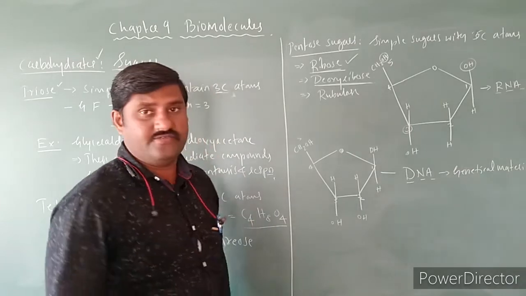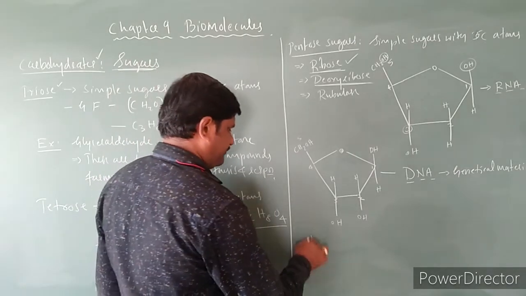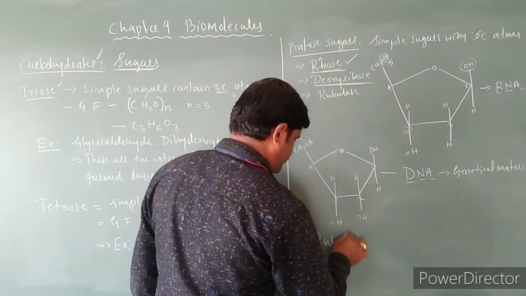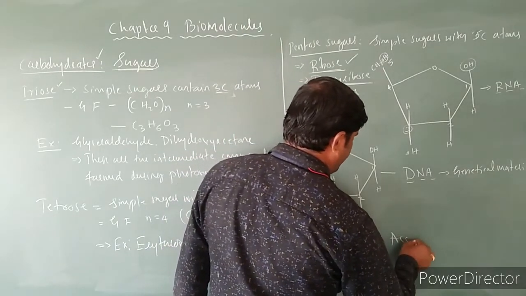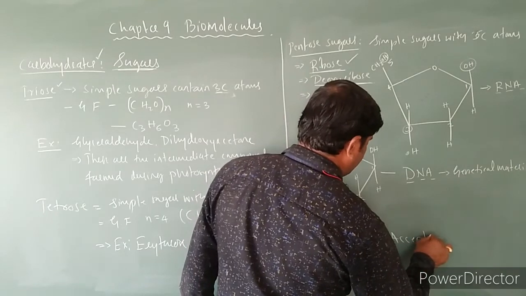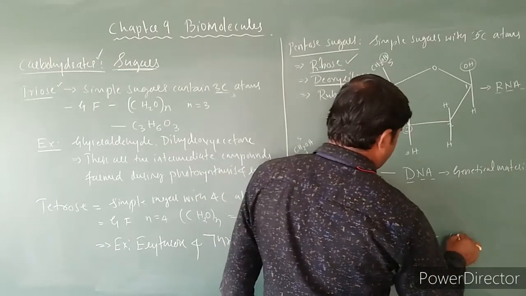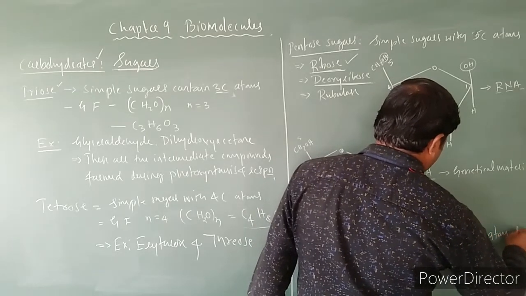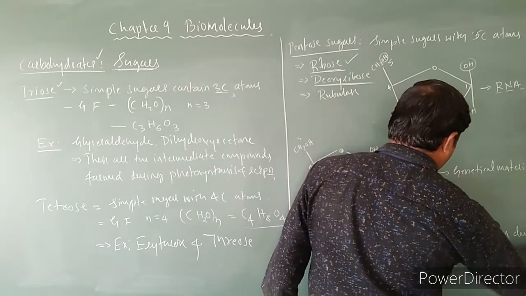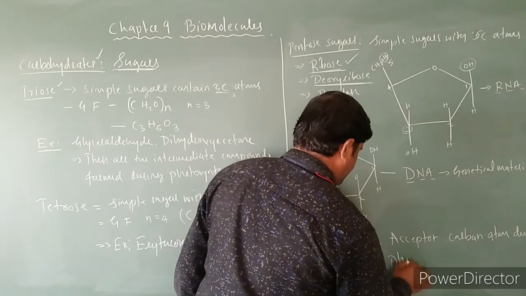In the same way, ribulose is one of the acceptors of carbon dioxide during photosynthesis.